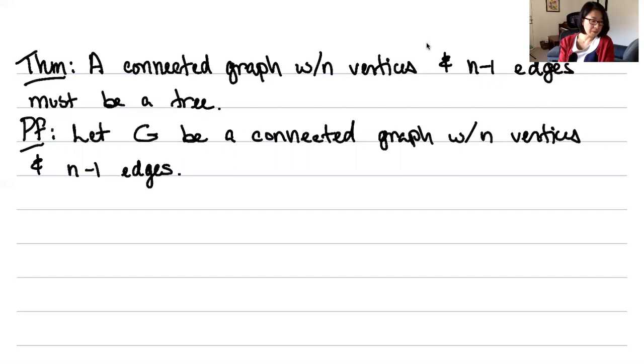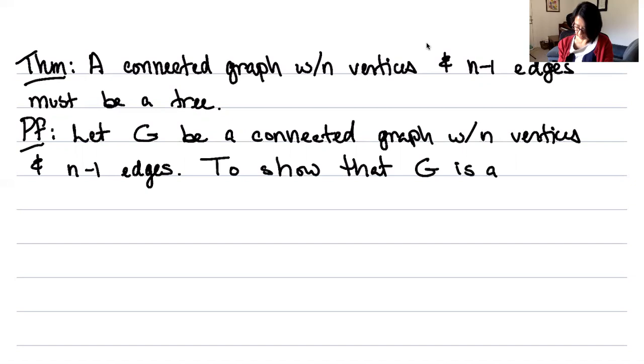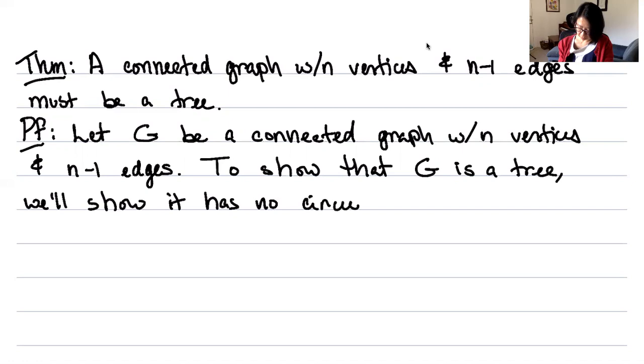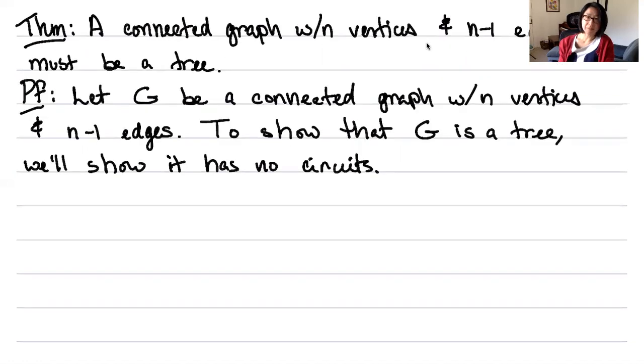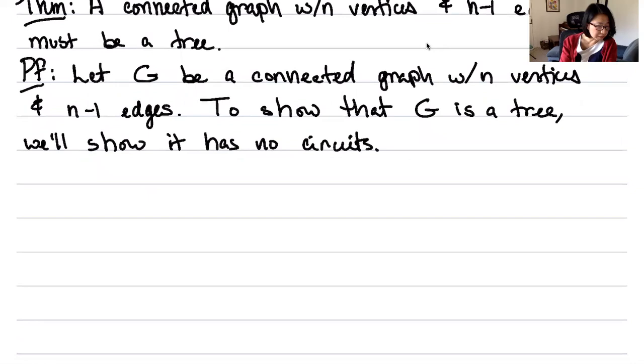We just need to show that it can't have any circuits. Okay, so to show that G is a tree, we'll show it has no circuits, and we'll use contradiction.